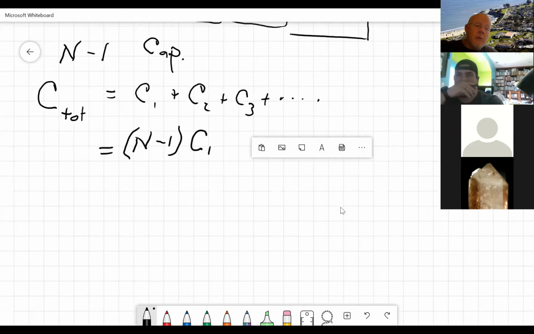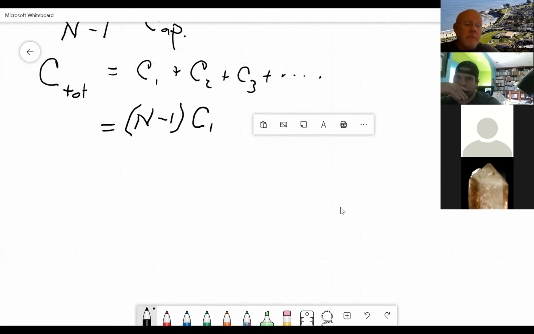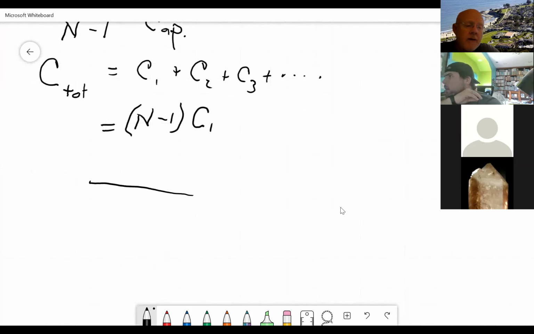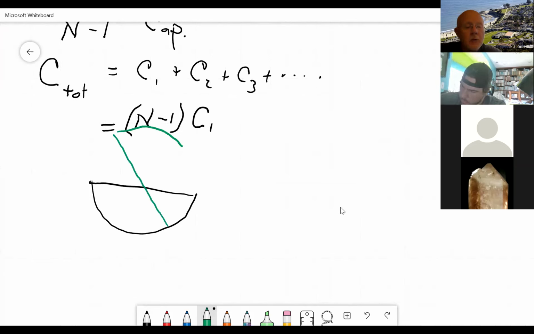So let me then look at the first one. If I tried to draw it, I would have a semicircle that looked like this. And maybe I'll try to draw the overlapping semicircle. Close. There.